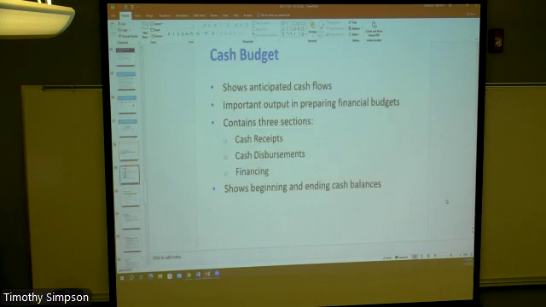So what does the cash budget do? Number one, it studies cash flows. And cash flow is a tricky subject because it depends upon what we mean when we say cash flow. Sometimes cash flow is construed to mean the net income of a company, adding back all the non-cash expenses we've taken out, like depreciation and amortization.